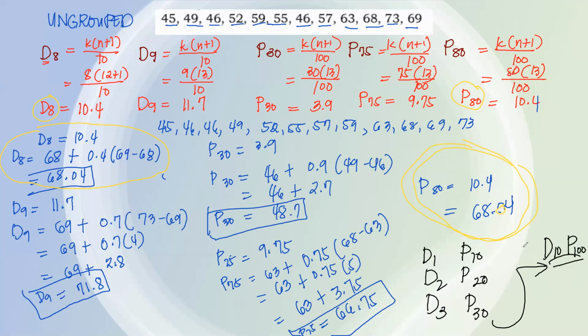And we usually don't solve for this. So D sub 8 is the same as P sub 80. Do you understand? That's how easy it is. Since you already understand quartile, it is easy to understand decile and percentile.